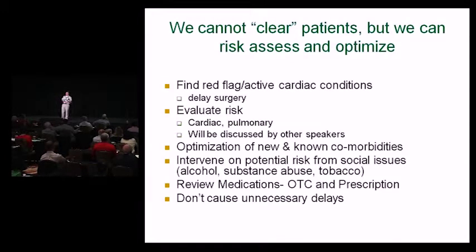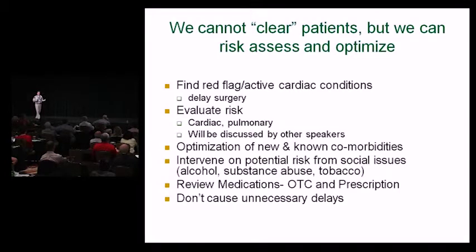So we do not clear patients, but we can risk assess them. We should risk assess them, and then we should optimize to get them in the best shape possible to make it through surgery with the least chance of having a perioperative event. So we can find the red flags, the active cardiac conditions, and if there is that active cardiac condition, we can delay surgery.